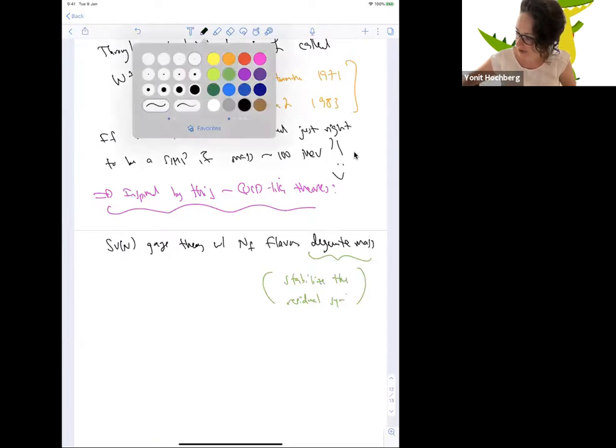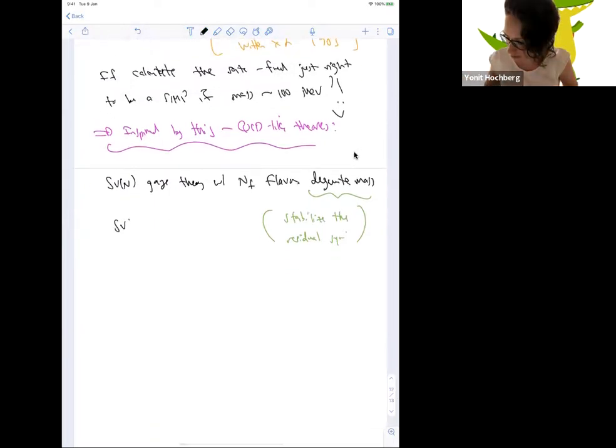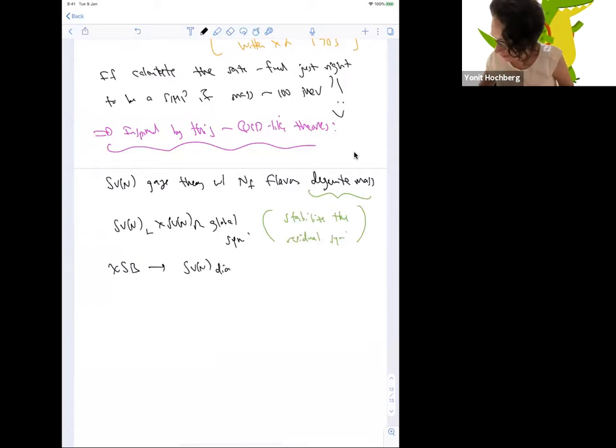And so if we have this SU(N) gauge theory with N_F flavors, then we're going to have a global symmetry, which is going to be SU(N)_L cross SU(N)_R. Here's our global symmetry. And then chiral symmetry breaking occurs, and what happens is that this SU cross SU breaks down to the diagonal subcomponent, SU(N) diagonal.